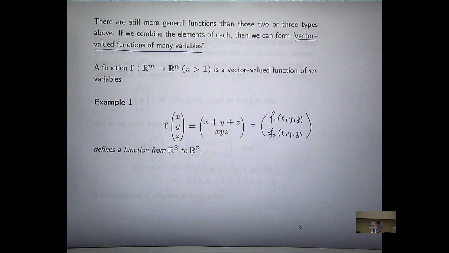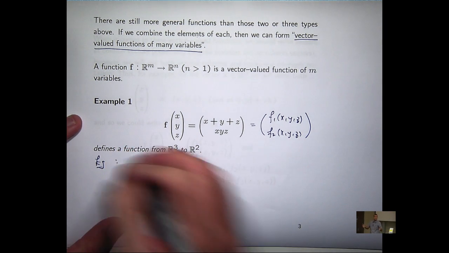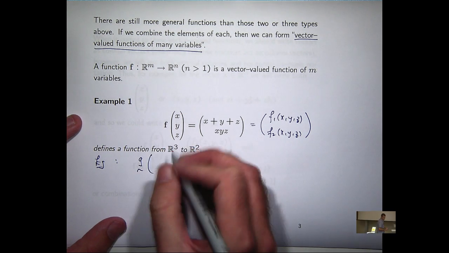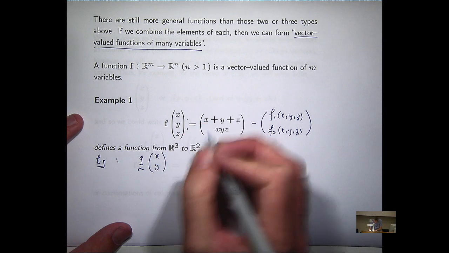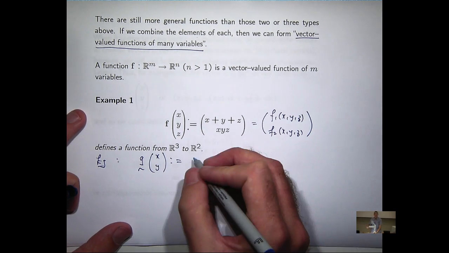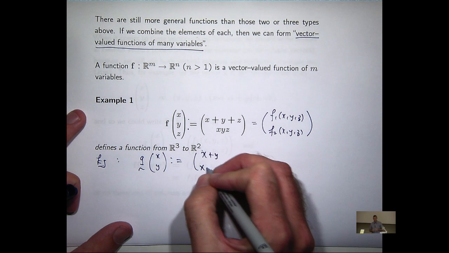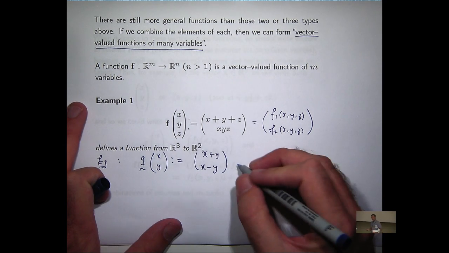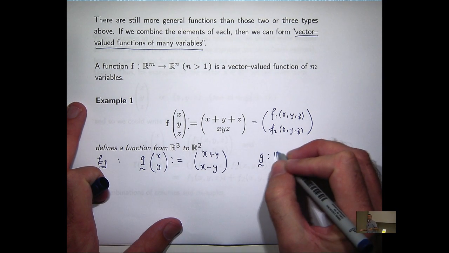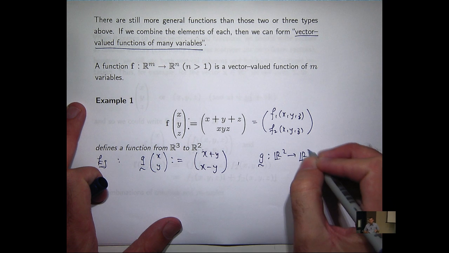What about a couple of other examples? So let's say I've got G defined in the following way. Okay, so for the example I've just written, G would map R squared into R squared.